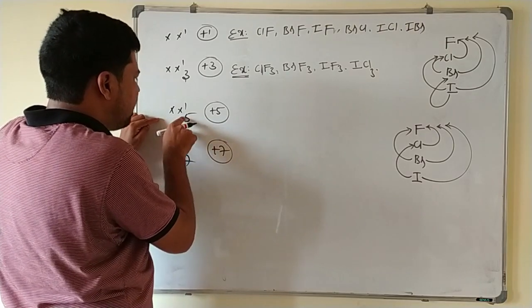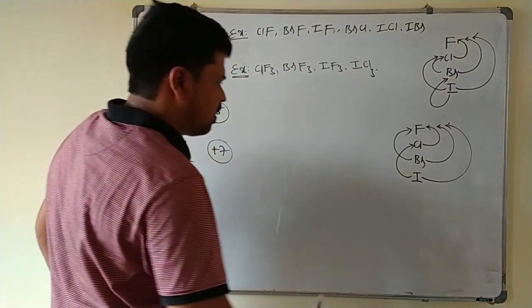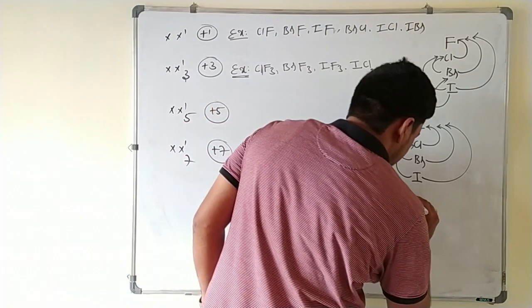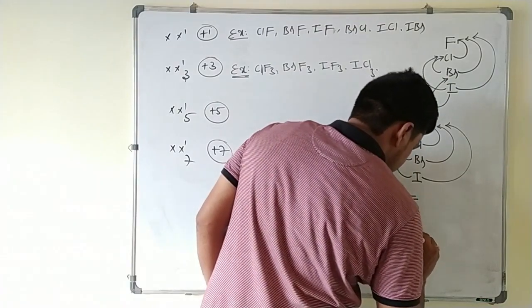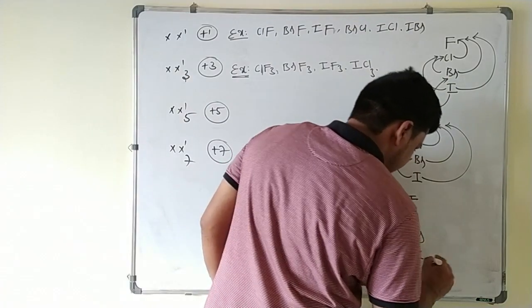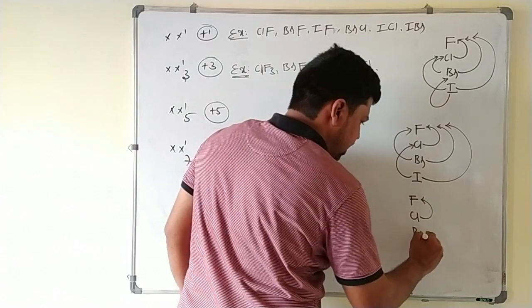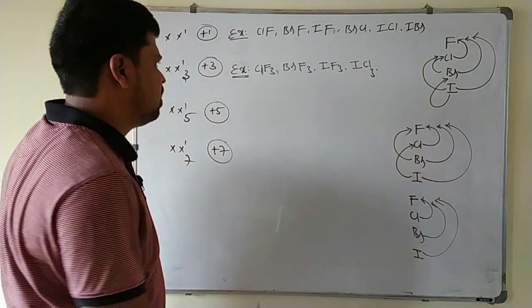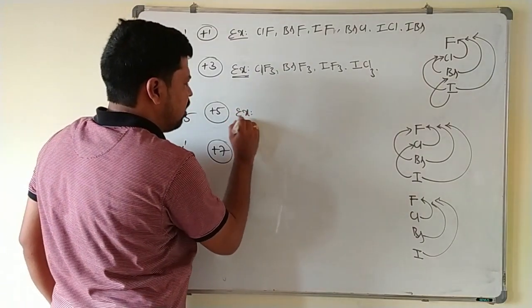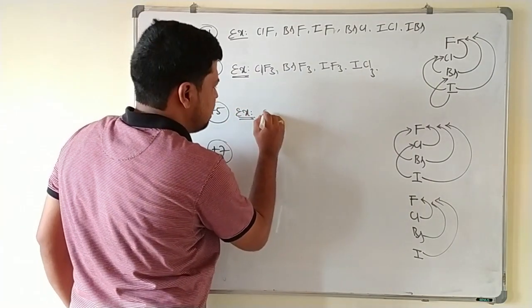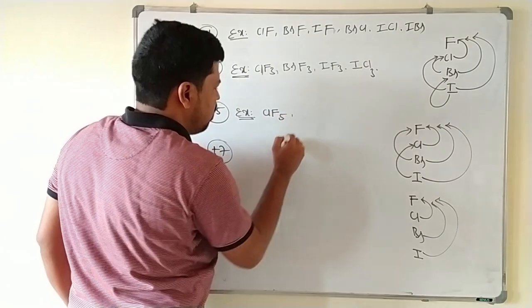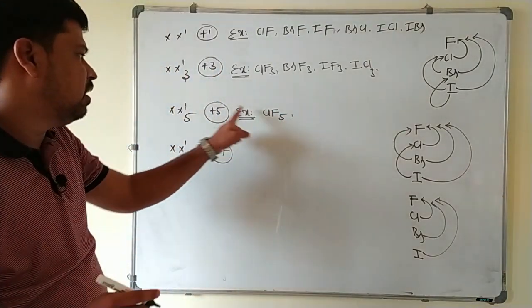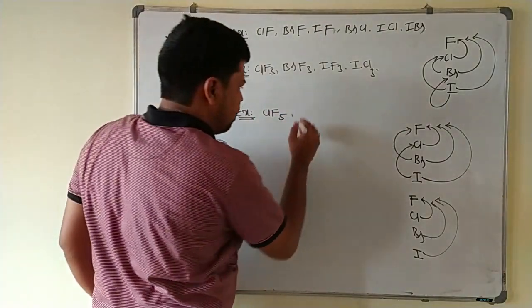Next, for XX'5, with F, Cl, Br and I: ClF5, BrF5 and IF5 are formed. In ClF5, the central atom is in the +5 oxidation state, in the excited state.